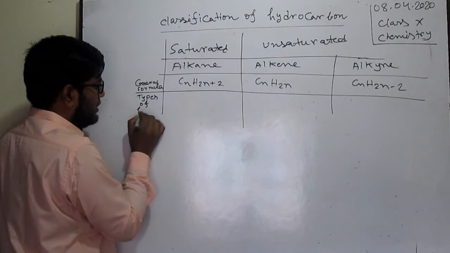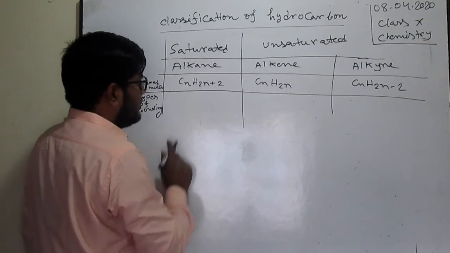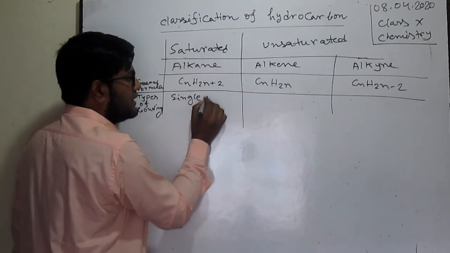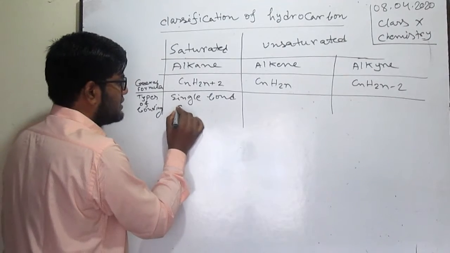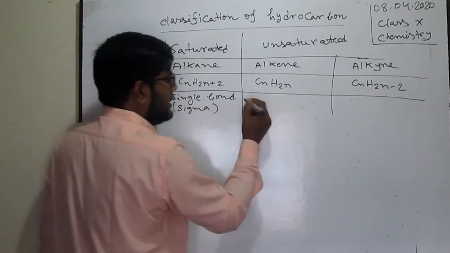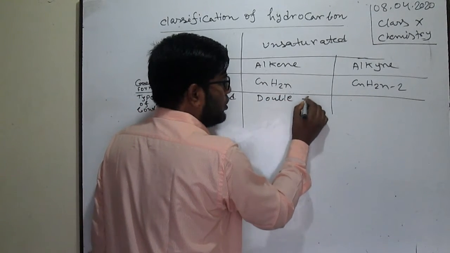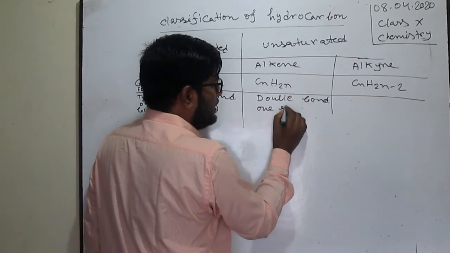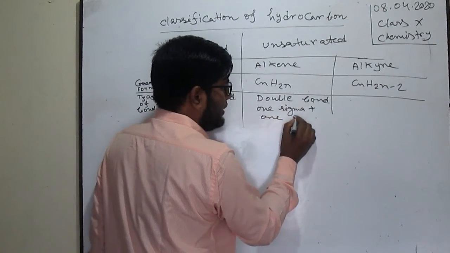And types of bonding. In case of alkane, only single bond. Single bond means sigma. Double bond means one sigma plus one pi.